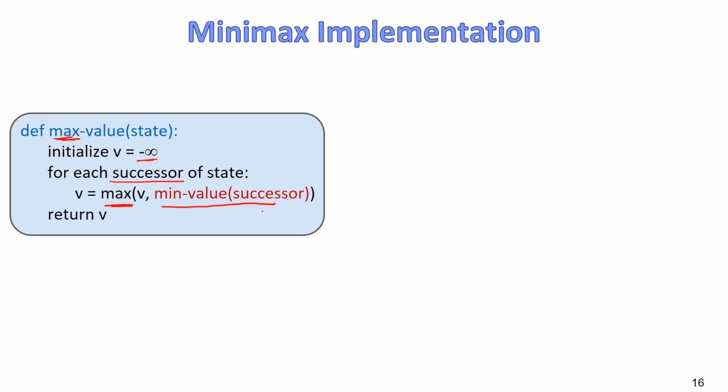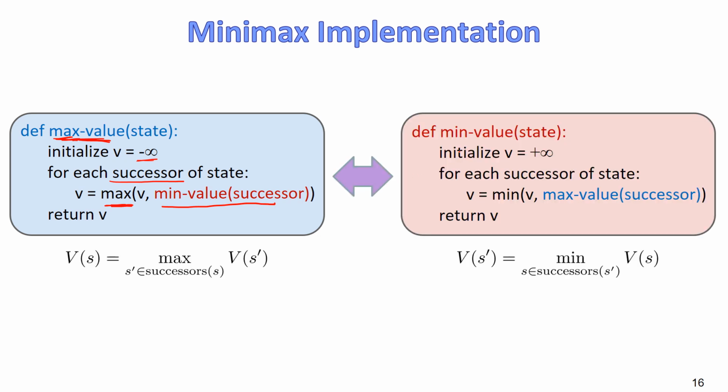Simply because we are assuming turns, right? Every player is taking a turn. So if I am a max agent, then of course my children will be min agents, controlled by the other agent. So we'll have to call the min value for the successor, and the min value will be a similar function.